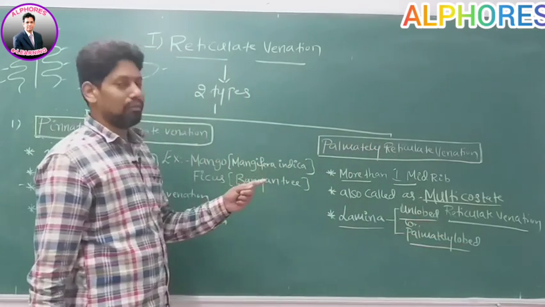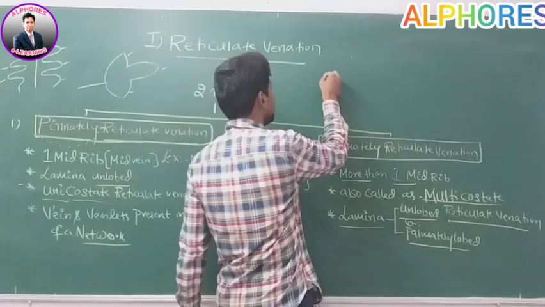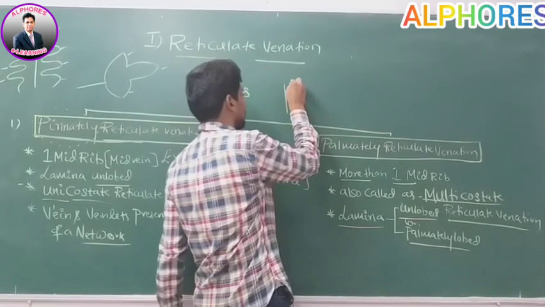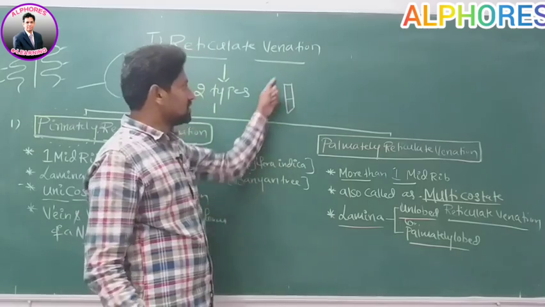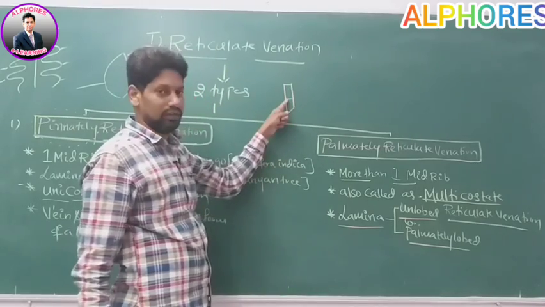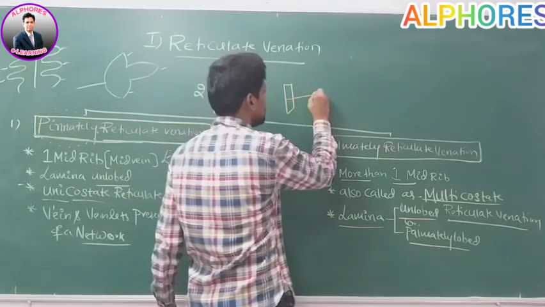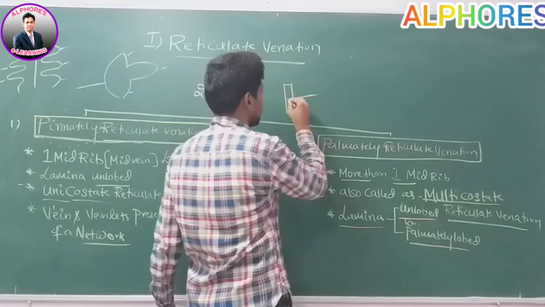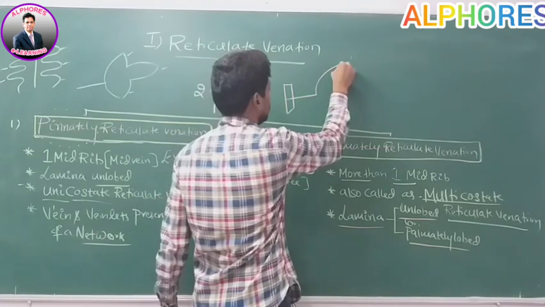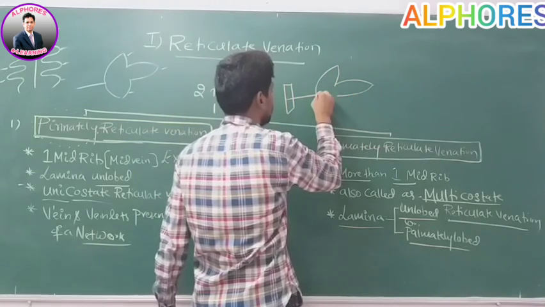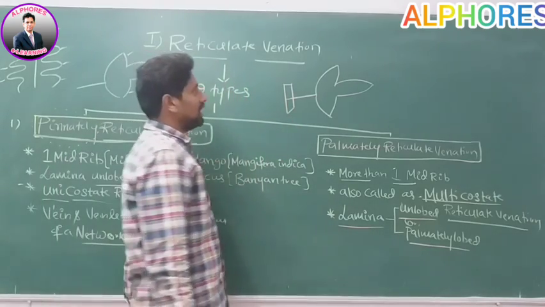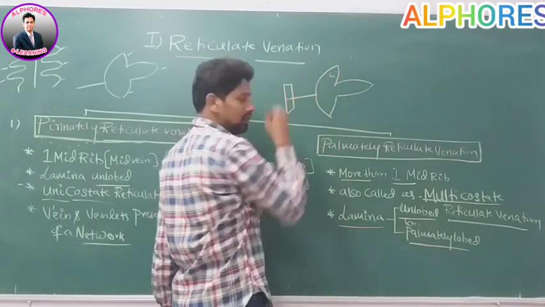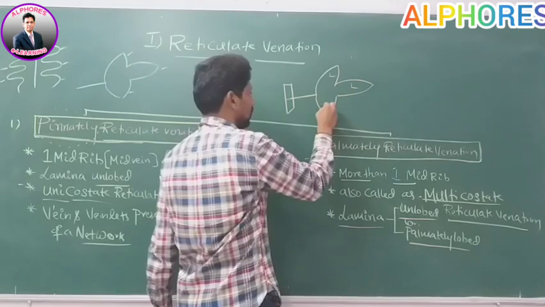Sir, what is the meaning of palmately lobed? Listen. Sir, this is a stem, this is a node, right? Sir, this is petiole. See this diagram and tell. In this diagram, can I call this one a lobe? Lobe.